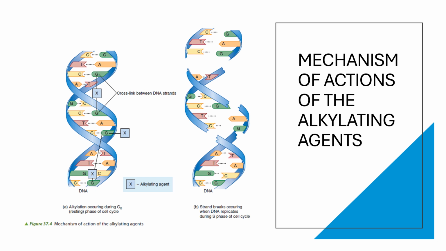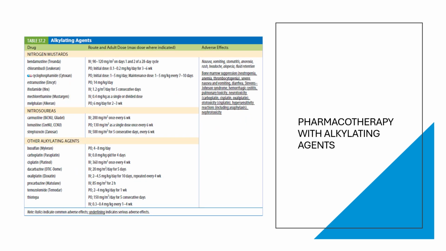Figure 37.4 illustrates the process of alkylation. Alkylation changes the shape of the DNA double helix and prevents the nucleic acid from completing normal cell division.